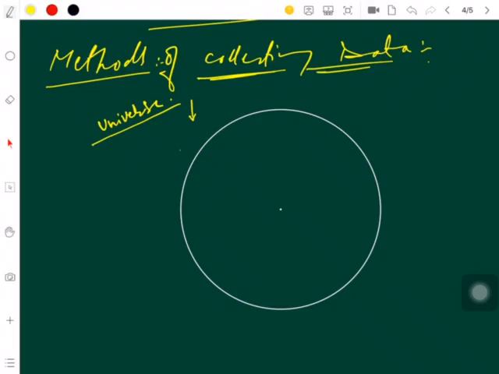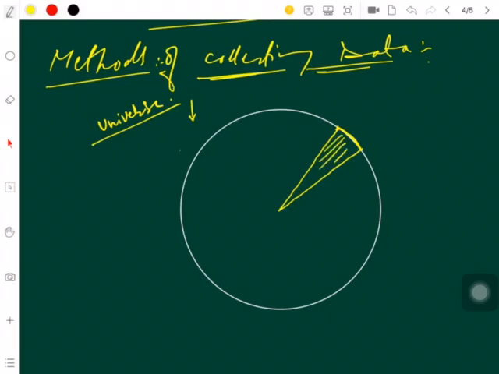If I am taking a part of this universe into consideration, let us say just this part, and I am inquiring into this particular part.